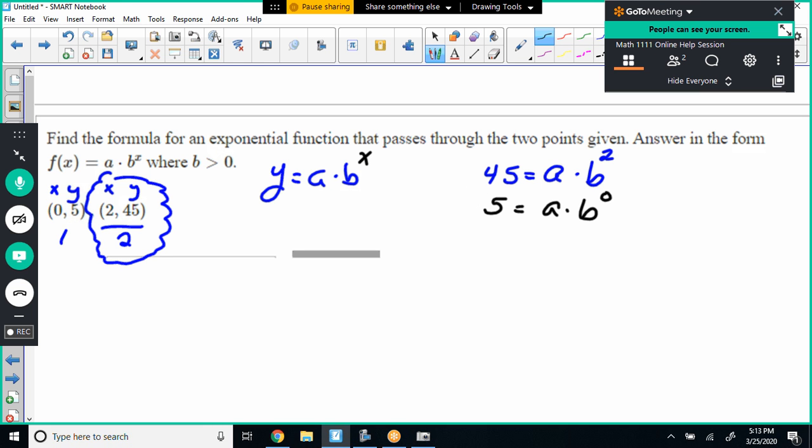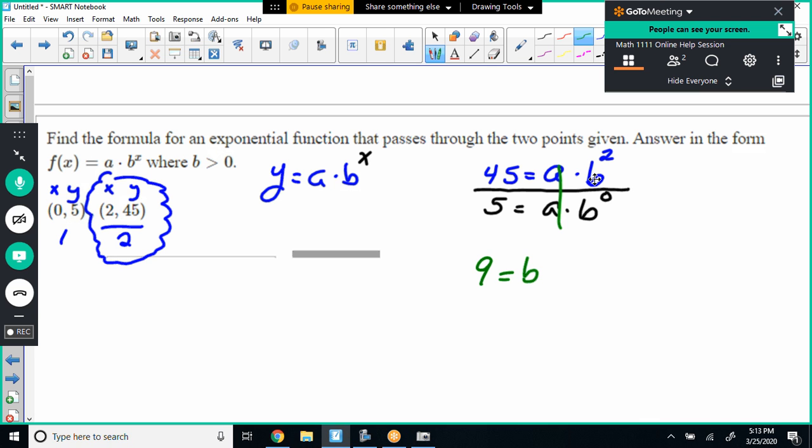And what you're going to do is divide. Now, 45 divided by 5 is nothing more than 9. The A's cancel out, leaving me with B's, right?